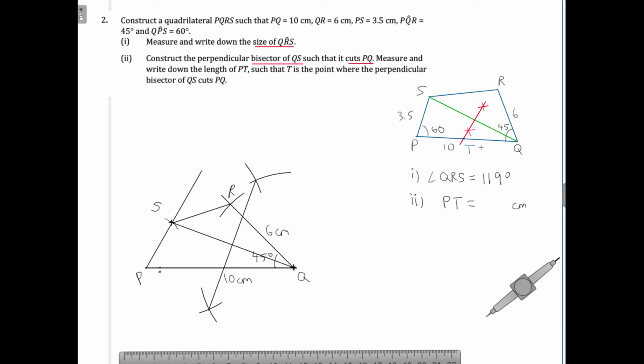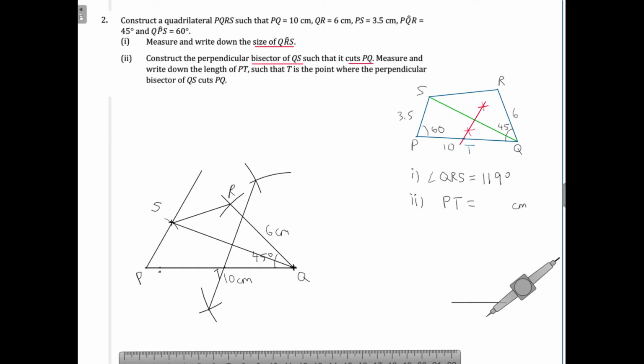Okay. Now the bisector cuts PQ at T. So this is the point T. And we have to measure the length PT.